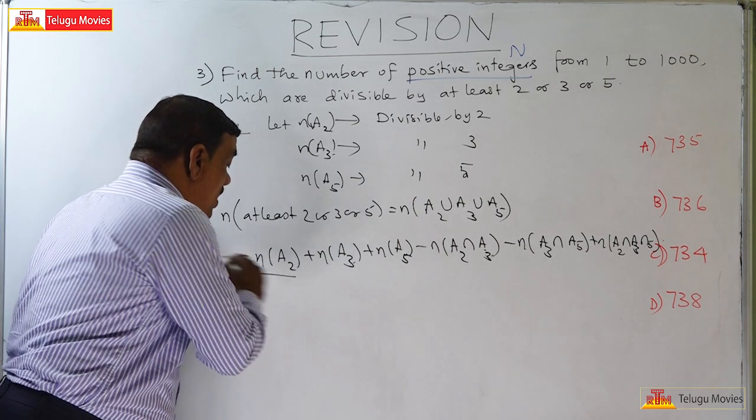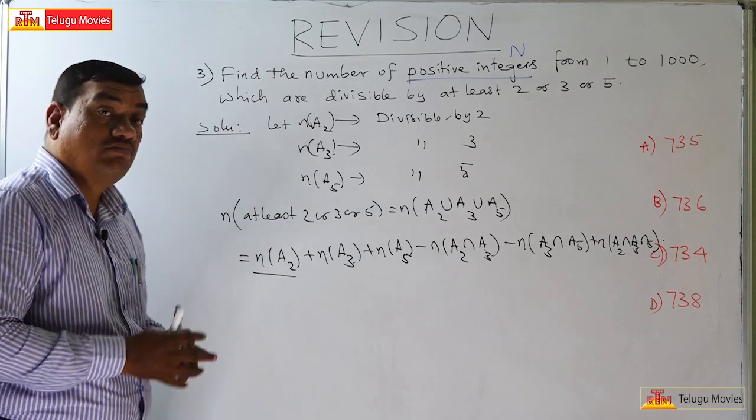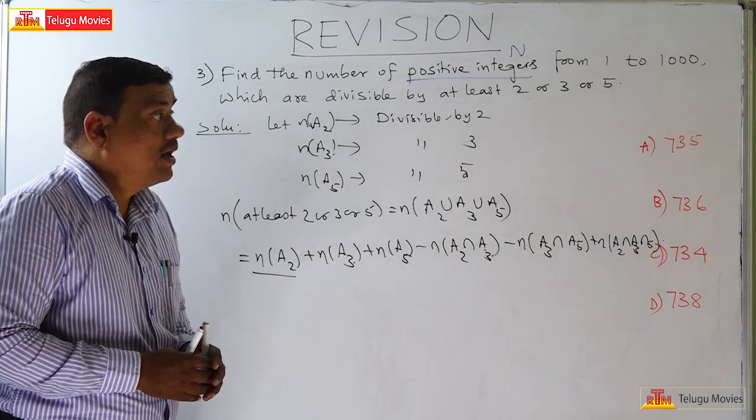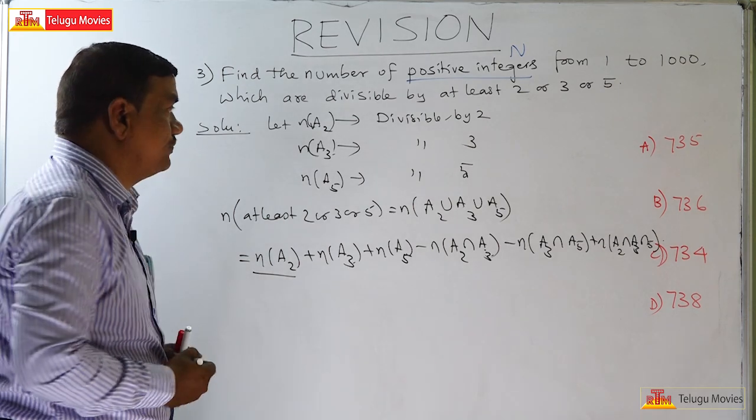Now one by one we have to find out n of A2. n of A2 means the number of elements from 1 to 1000 which are divisible by 2.